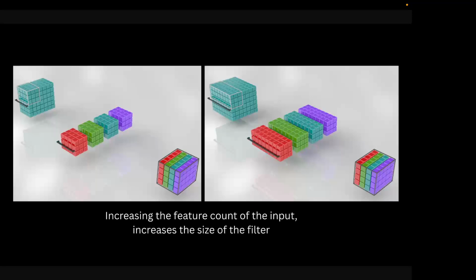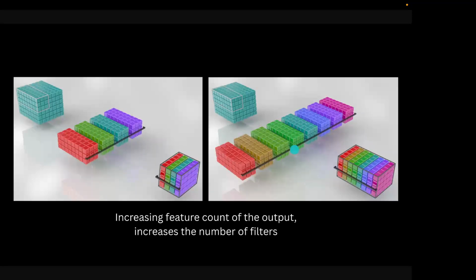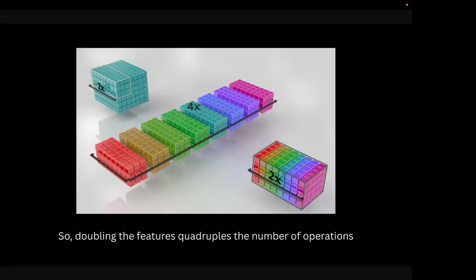Okay, so you will have to increase the size of the filters, and if you want to increase the number of channels of the output, then you will have to increase the total number of filters. So if you want to double the feature, you will have to quadruple the total number of operations.